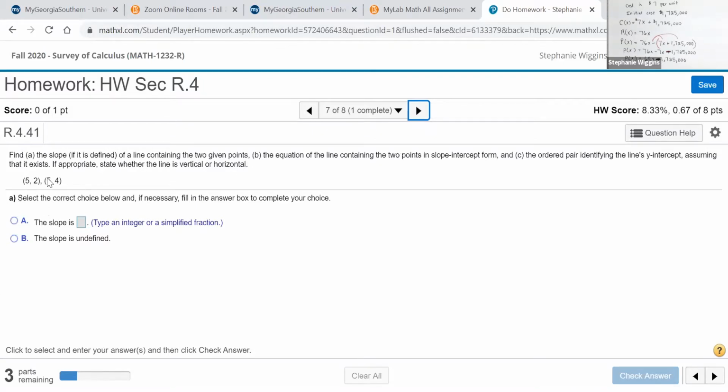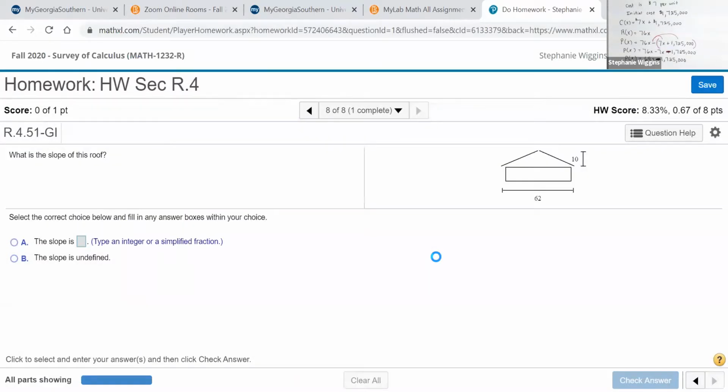Here they're giving 2 points. So here you have to calculate the slope first, and I did a problem like that as well. And here's the roof. Now when you do this, be careful. The rise over the run, you're not going to go 10 over 62, right? Because the run is actually from here to the middle of the roof. It's rising this much, and the run is from this point to the middle.